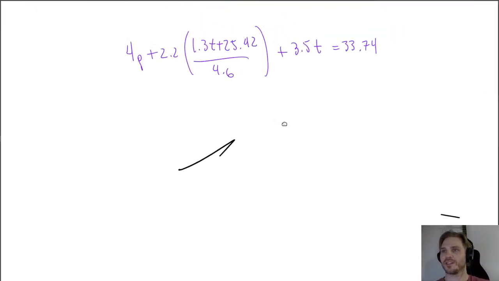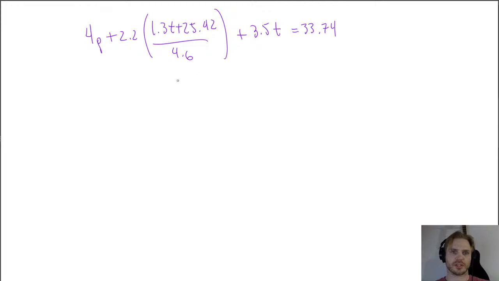All right. So looking at this, let me just do these operations. I think that'll be the easiest thing. So I'm going to distribute this 2.2 first.